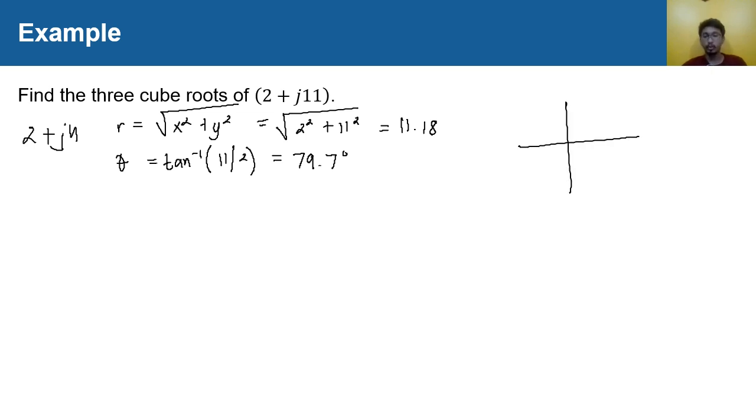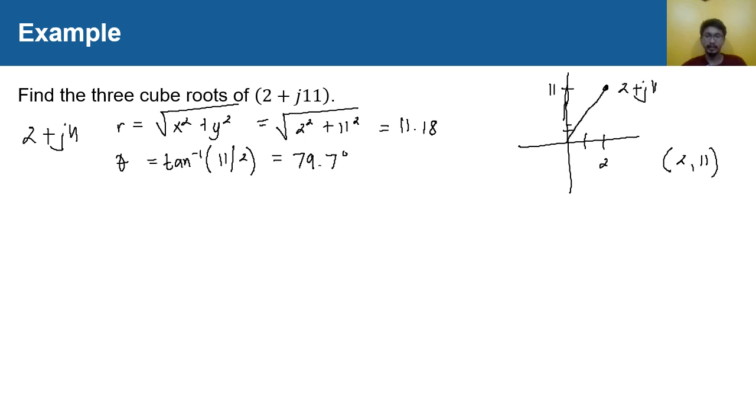Plotting this on your Argand diagram so we can see, we have 2 and 11. So this is located in the first quadrant. Let's say this is 11 and this is 2. So this is your 2 plus j11.